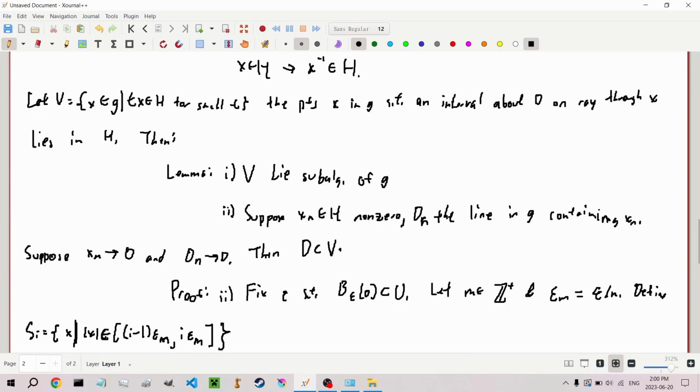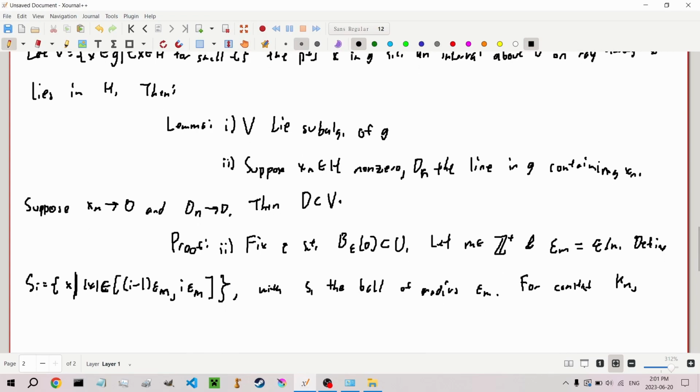And that is a closed interval, of course, which will make S_1 the ball of radius epsilon_m. And you can see from this definition it's just going to be like the annuli, would be the word, of successive multiples of radius epsilon_m for some constant k_m.